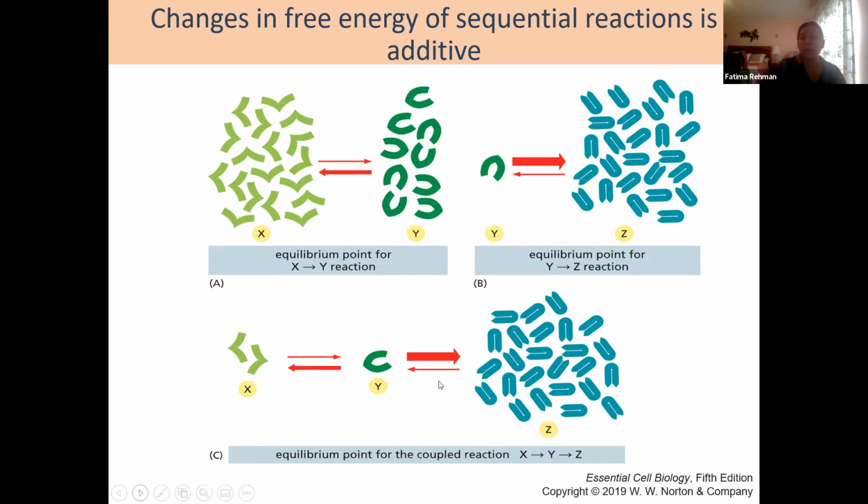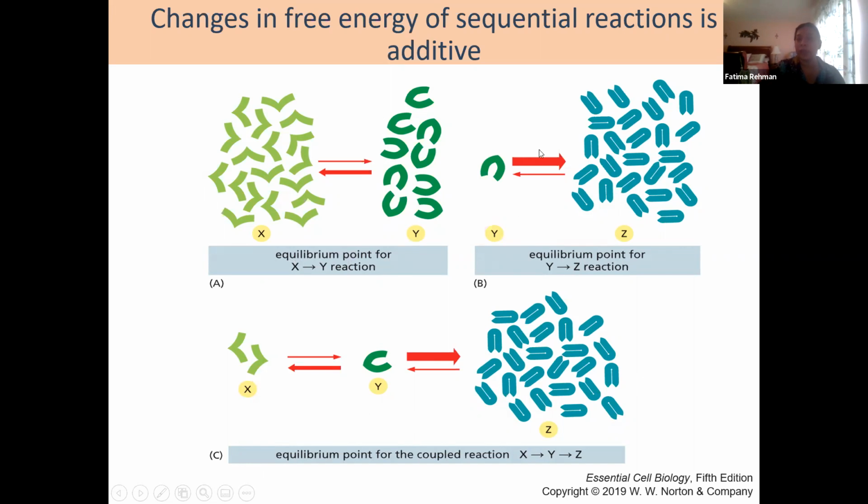And for an equilibrium point to be occurring, all that net change should be 0. Okay. So for each mini reaction, you have an equilibrium point for that reaction. However, when they are coupled, then the equilibrium point is different, right?